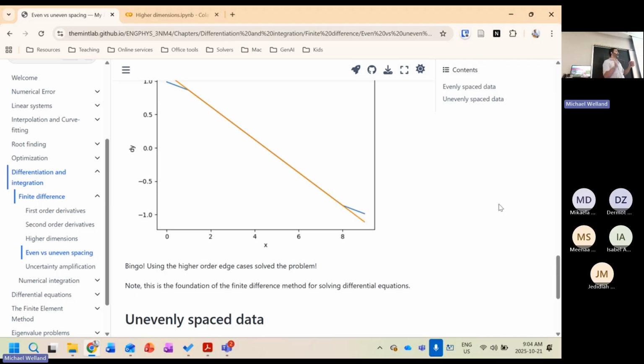Next one. Can you do the forward difference method with the improved accuracy? Even before that, can we do the forward difference second order derivative? I see some heads yes. Raise your hand if you think you can. For unevenly spaced. Wrong.